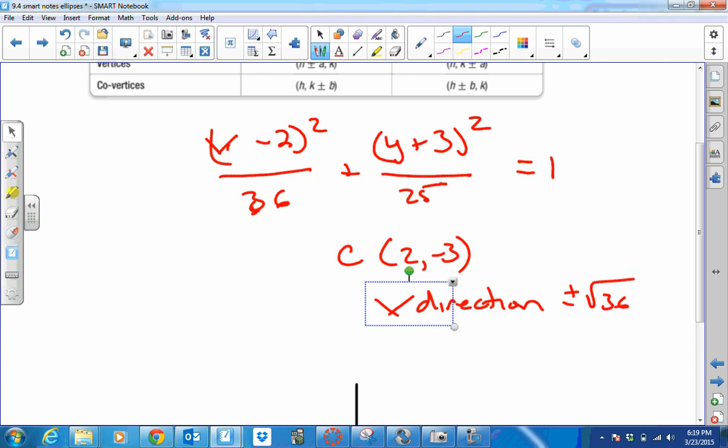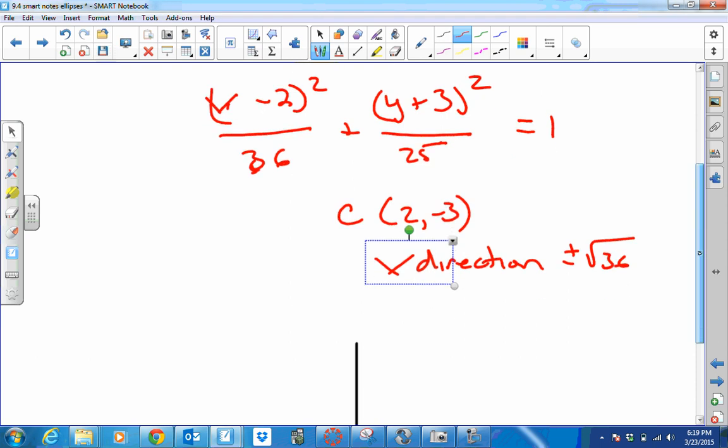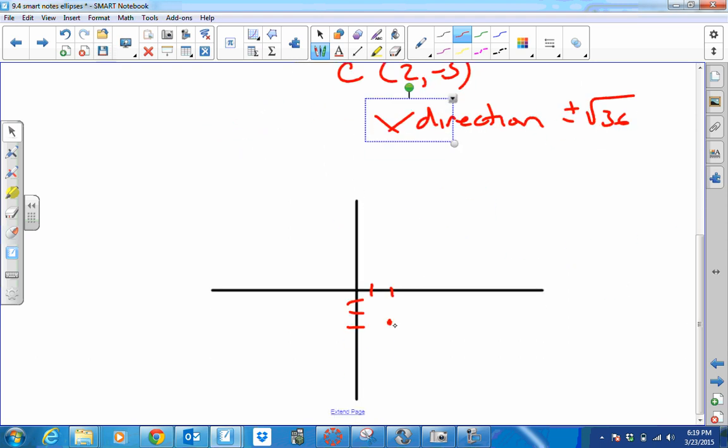Plus or minus the square root of 36, which is 6 in each direction. So let's sketch that in. From this point here, I'm going to go 1, 2, 3, 4, 5, 6, and 1, 2, 3, 4, 5, 6.